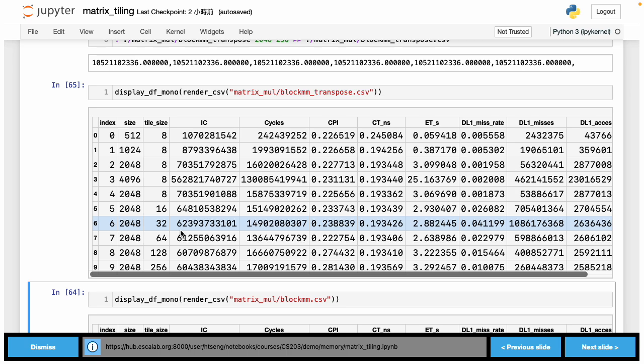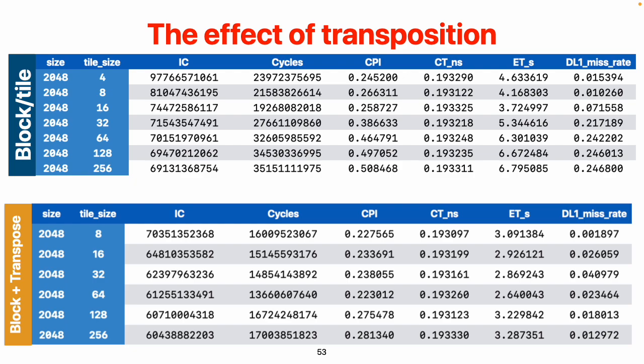So what that shows to us is that now, if we have transposition, the miss rate is a lot lower.